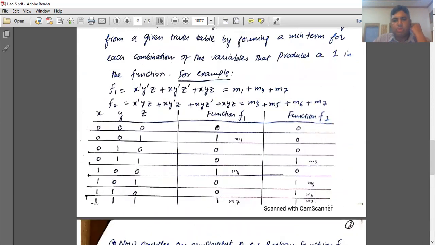Going back to this table, basically he's saying that if we make a table of function f1 and read where the function is 1 in each minterm, that will give you the equation of f1. Another way is to read from this table where the function is 0: in the first minterm, the third and fourth, and the fifth, sixth and seventh minterms.